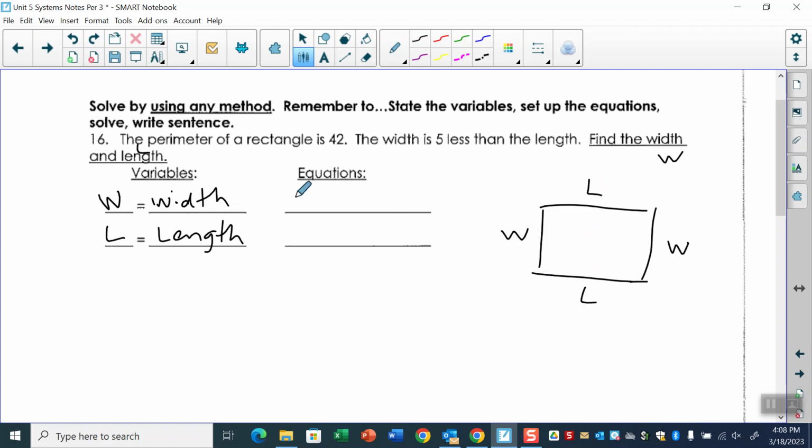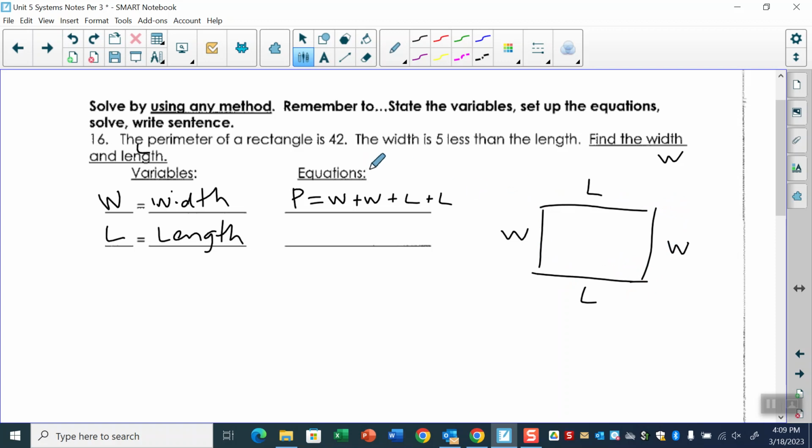So I know that the perimeter is going to be W plus W, right? W plus W plus length, right? That's one equation. The perimeter is the distance around, so you just add all these up. That equals the perimeter.